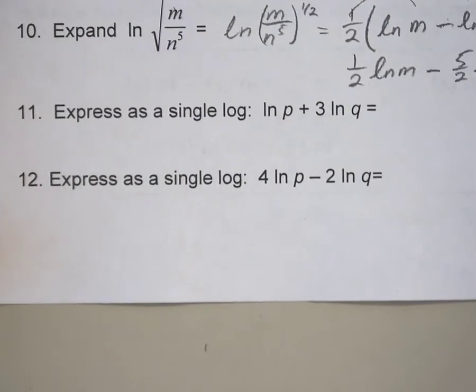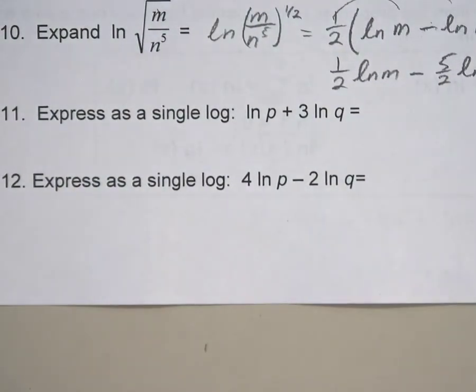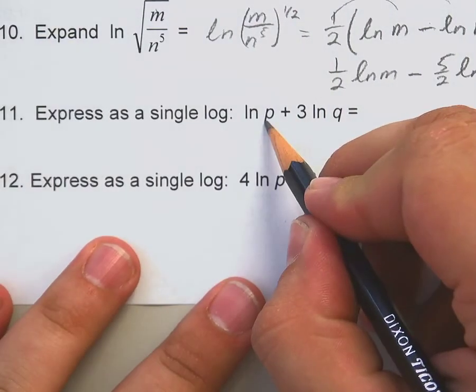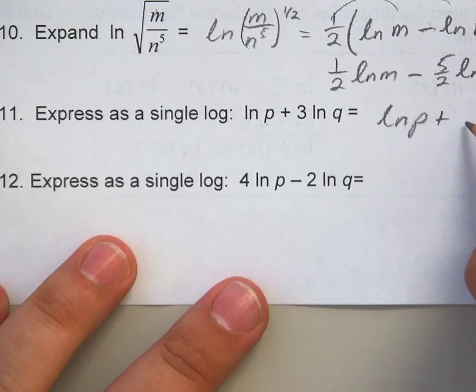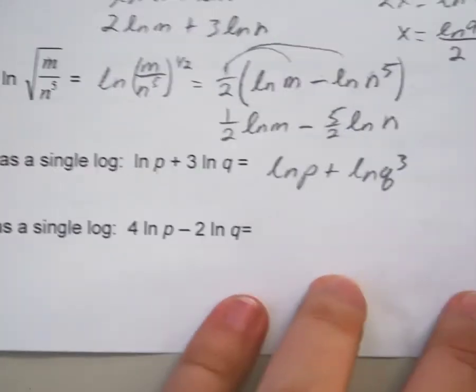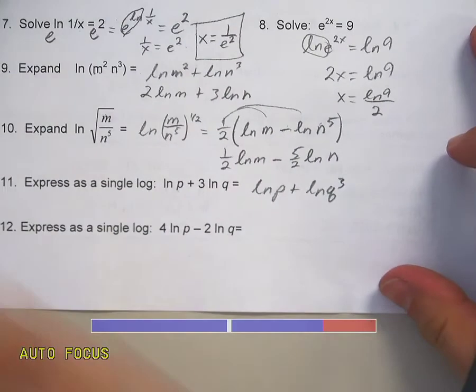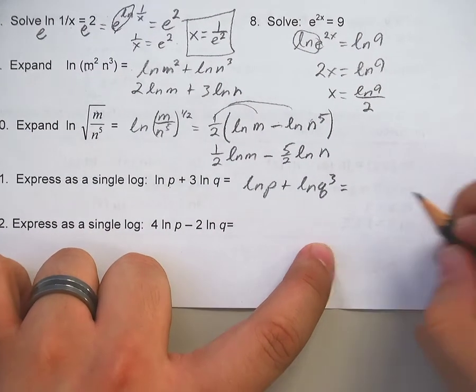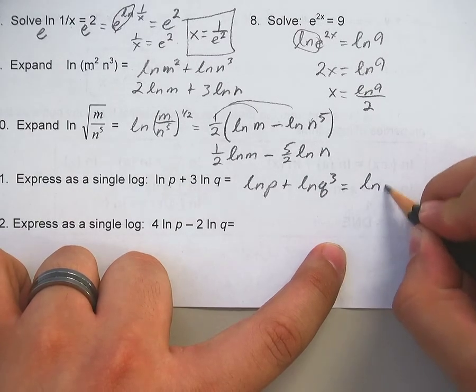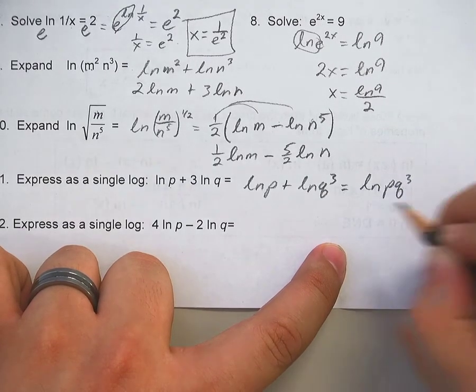Alright, number 11 expresses a single log, so we're going to be condensing these here. This will be first the natural log of p plus the natural log of q to the 3rd power. I need to back up a little bit here. So bring your 3 up, and this is the natural log of p q to the 3rd power.